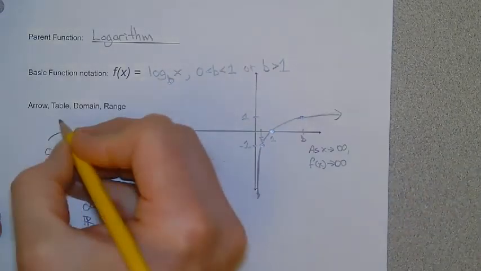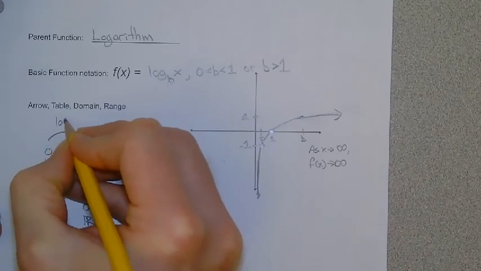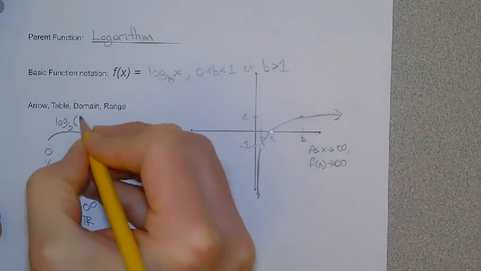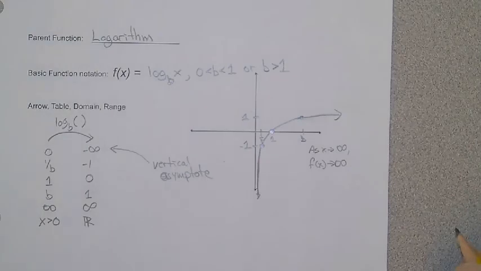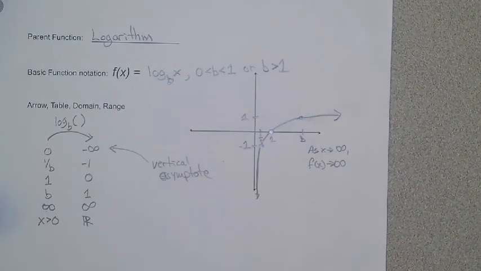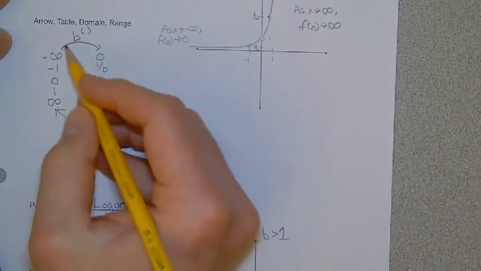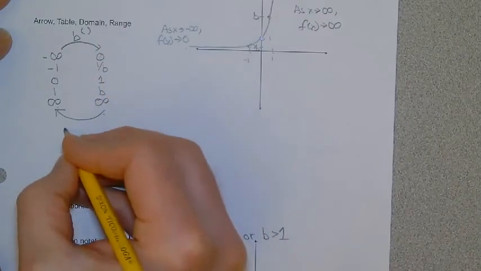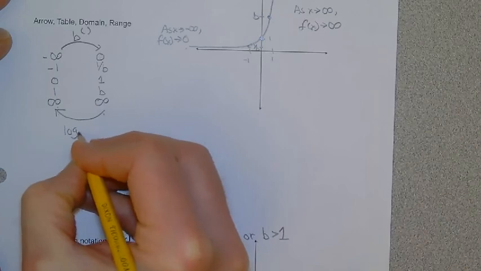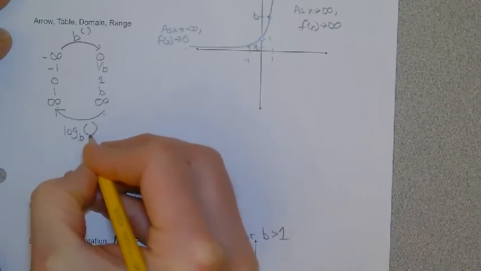So this becomes log base b of an empty set of parentheses, and this is what we call our logarithm parent function. This is the inverse operation to exponential growth. So on my exponential growth here, I could put up here that if I want to go the opposite of b to the power, I need log base b of.